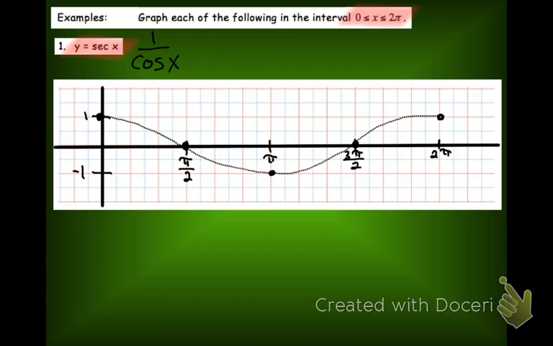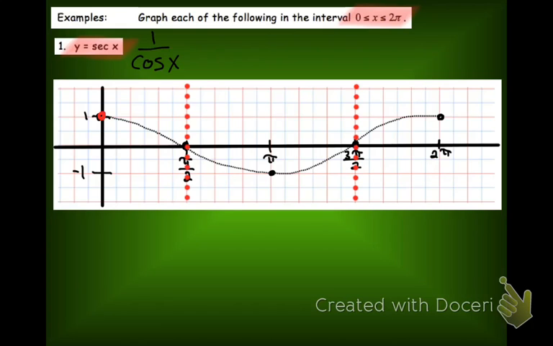So if you look up at what we just said a minute ago, we know that wherever there is a 0 is going to now become an asymptote. So we're going to have an asymptote here, and we're going to have an asymptote here. Also, wherever something is equal to 1 or negative 1, it stays the same.